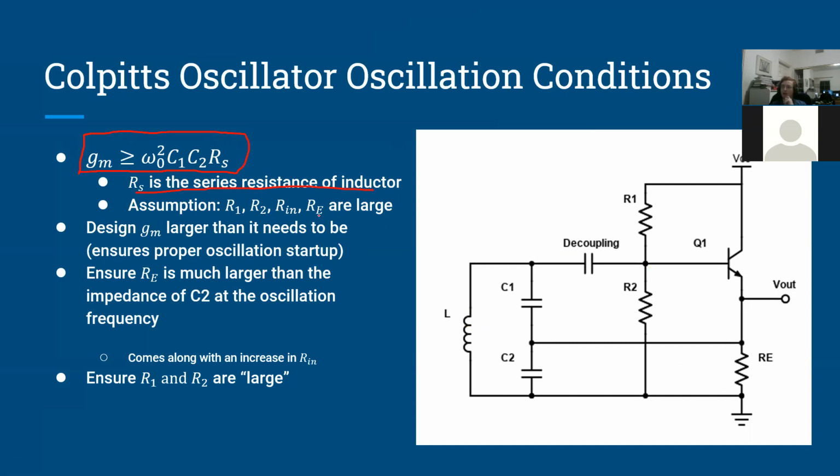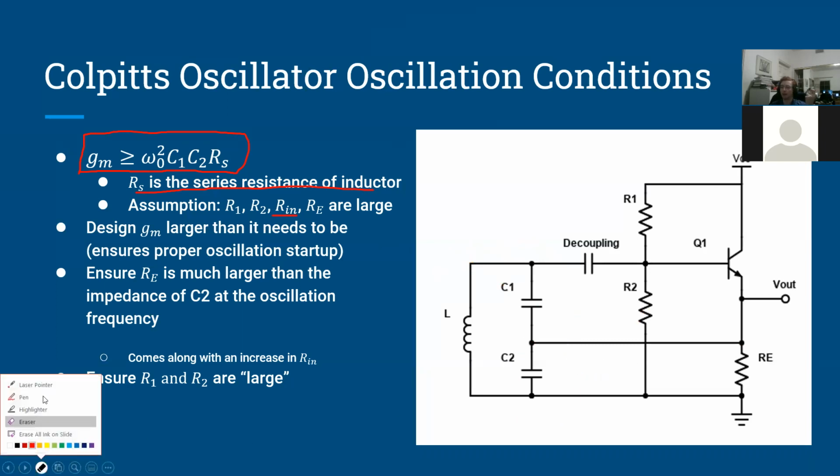So that means Rn will be large. The reason we want that is because we don't want to load down the LC tank. If RE was small, for example, you would just have a resistor across this capacitor and that'll create even more loss. So we want that resistor to be large.